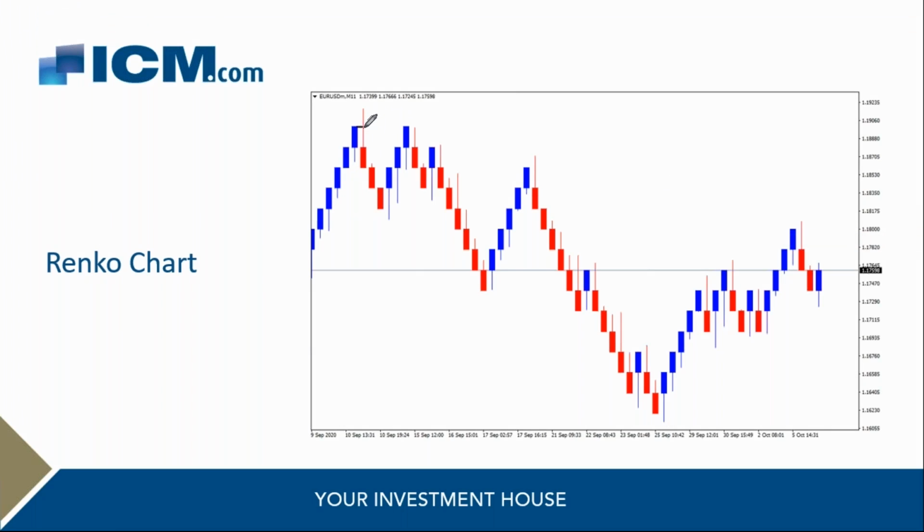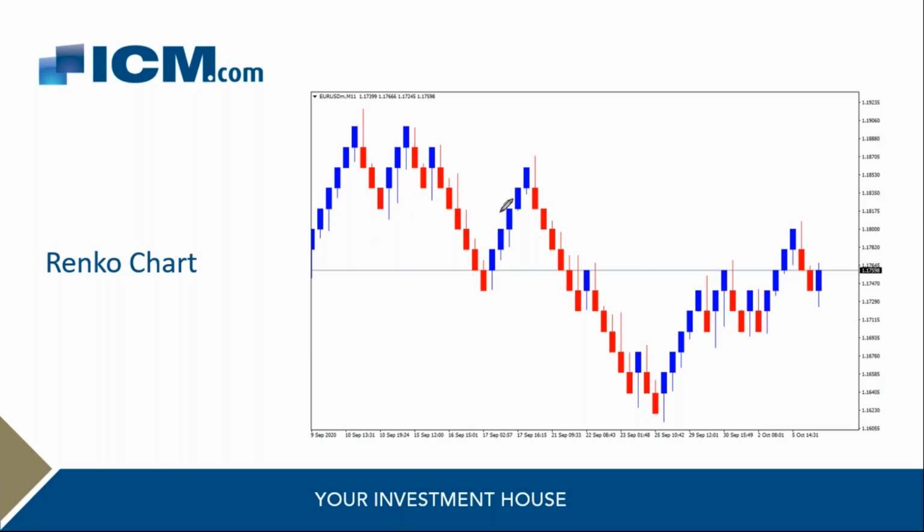Then from here it failed to have another 20 pips up in order to put another blue candle, but the market moved down 20 pips and another 20 pips, and it posted a red candle. The market moved down another 20 pips to have another red candle, another 20 pips down, another red candle. The market moved up 20 pips, and another 20, and we have a blue candle. So this is how the Renko chart moves.